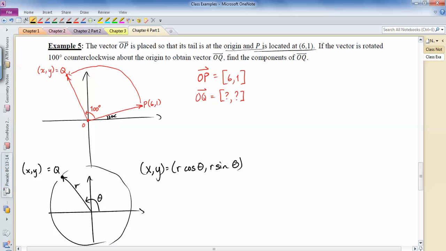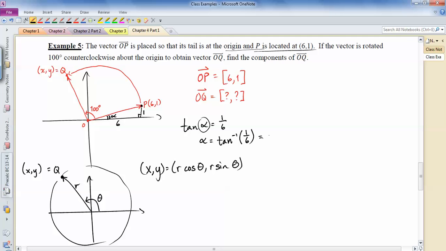In order to figure out what alpha is, I can make a little right triangle right here. This length is 6, this length right here is 1, and it's an acute angle. So tan of alpha equals opposite over adjacent, or y over x, so 1 over 6. So alpha is going to be tan inverse of 1 over 6. Remember, tan inverse helps us solve for angles.